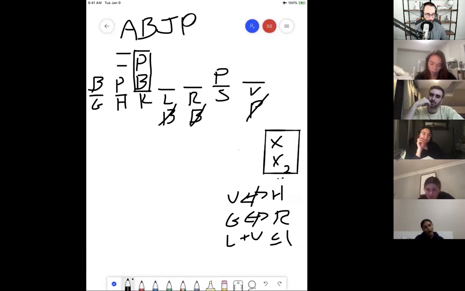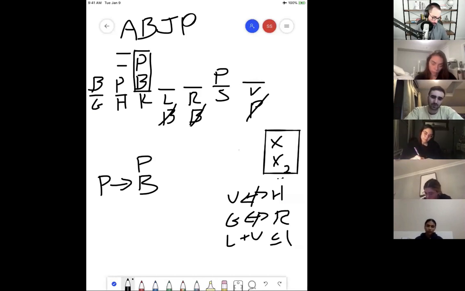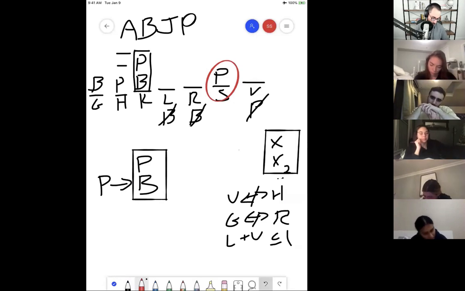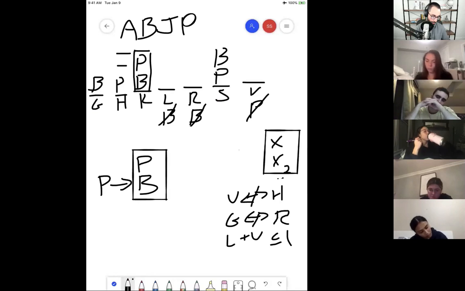Final rule, any deity who answers P also answers B. So Puja, then Bobby. We could say P arrow B, but I might want to say P requires PB as a vertical block to represent what it would actually look like. Taking that, we can say, well, S has P, therefore it has to have B as well.